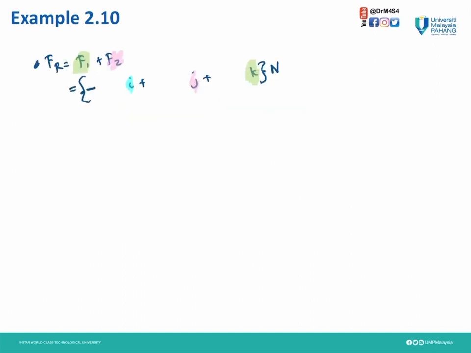Therefore, we get negative 113.4. Do the same for J and K components. So we get 468.4 for J and 56.6 for K.